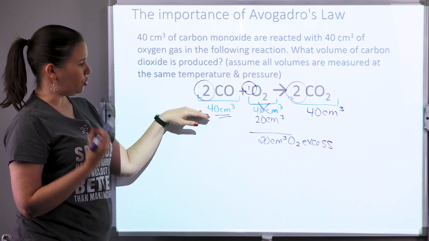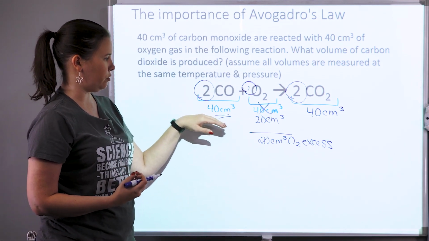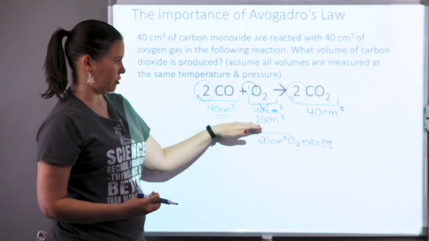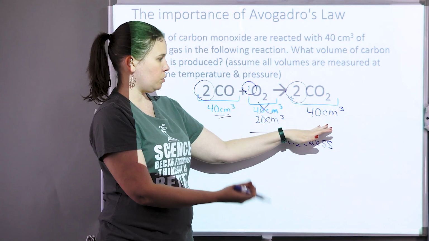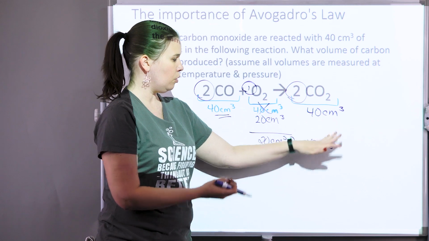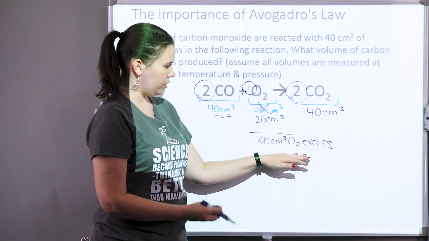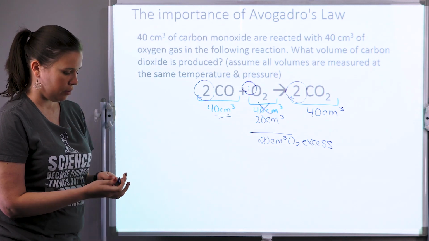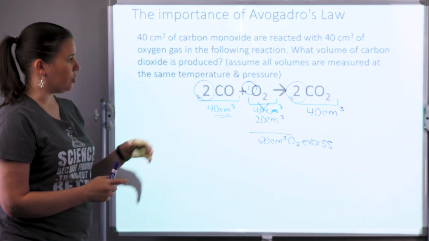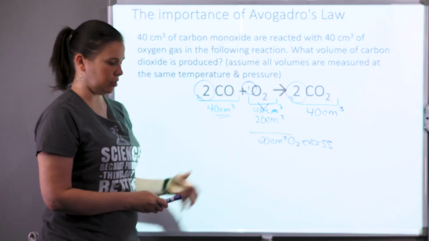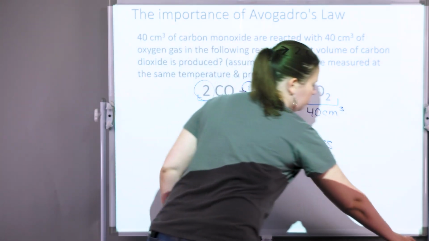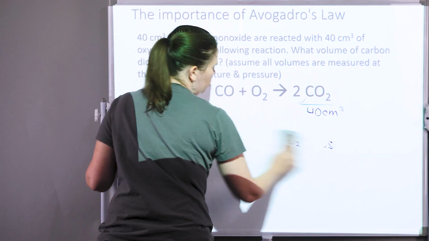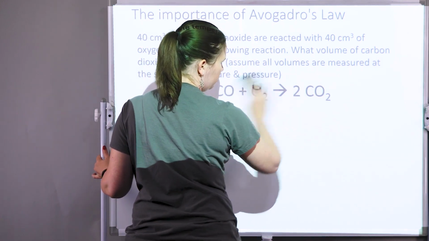So the reaction uses 40 cubic centimeters of carbon monoxide and 20 cubic centimeters of oxygen. It produces 20 cubic centimeters of CO2 with 20 cubic centimeters of O2 left over or in excess. And this can all be determined just by looking at the mole ratios and considering Avogadro's law, which says equal amounts of gas or moles of gas should have equal volumes.